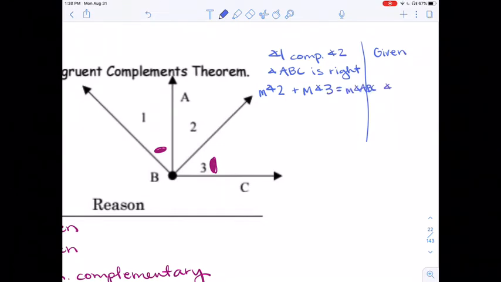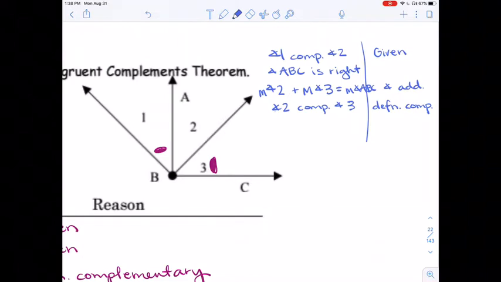That is our angle addition. And instead of keeping going with the math, now let's say angle 2 is complementary to angle 3, our definition of complementary angles.